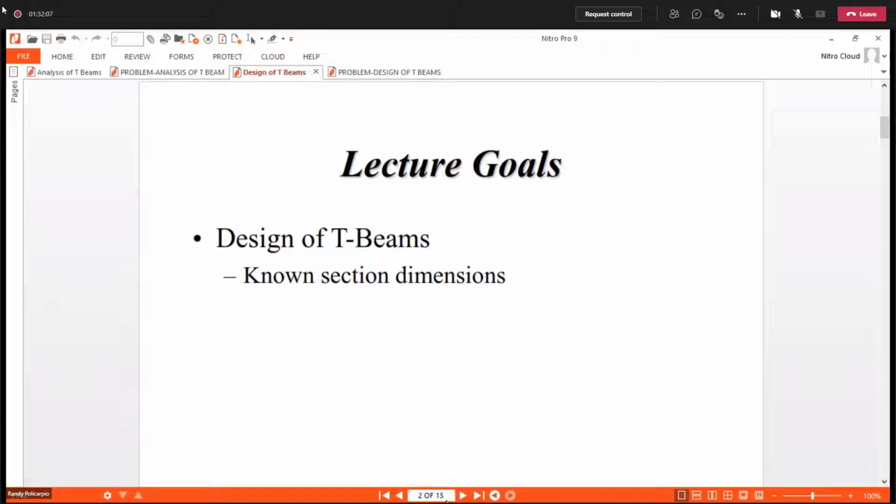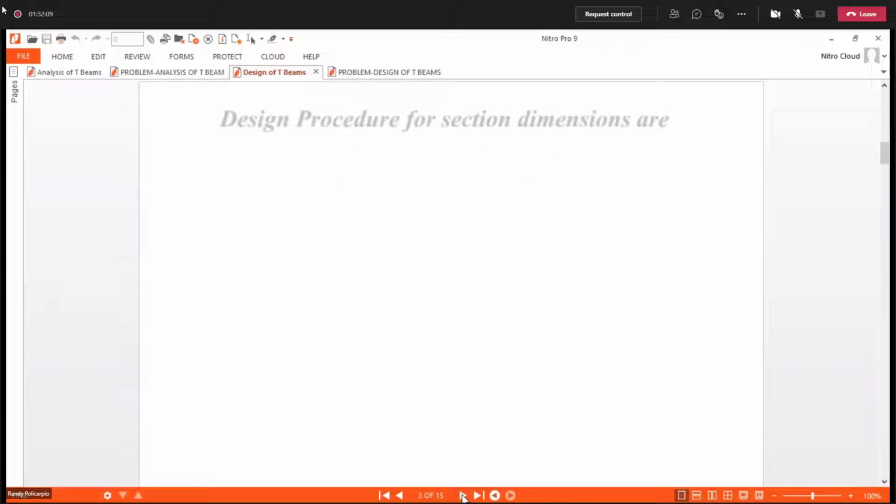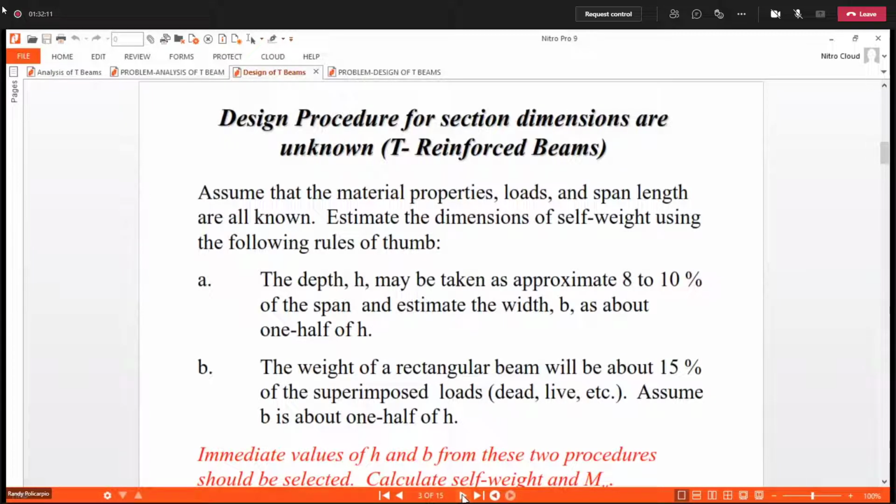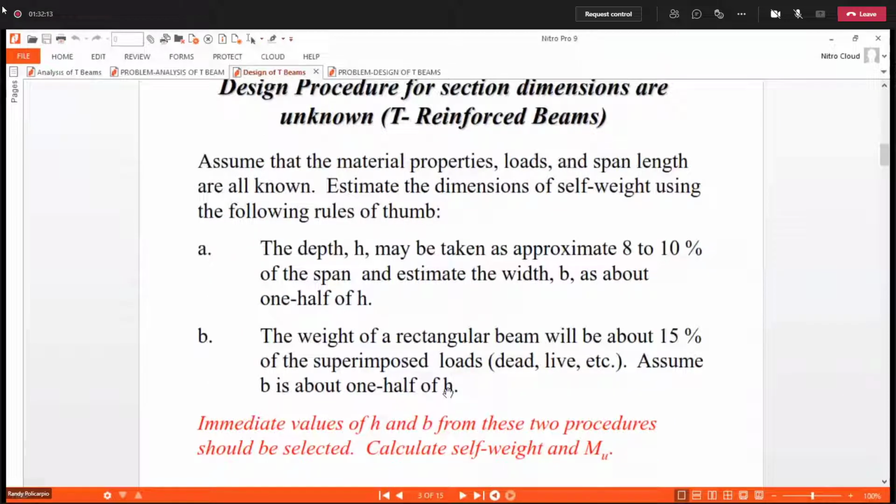So once we have this, we can determine actually yung tinatawag nating effective depth, no? But for the meantime, in the design, no? Okay.